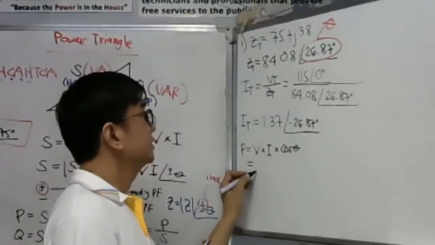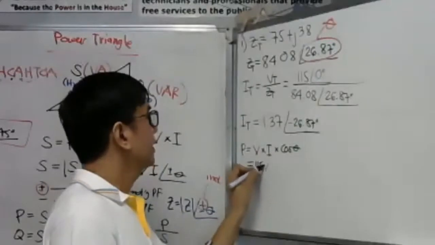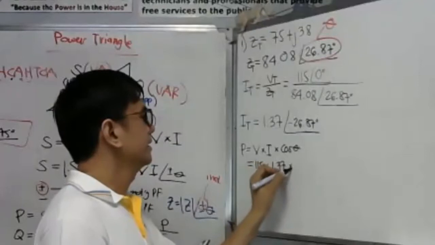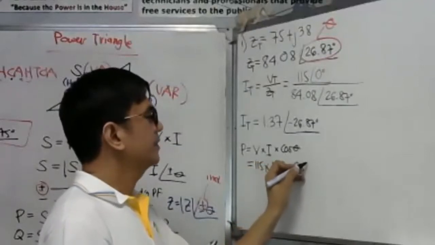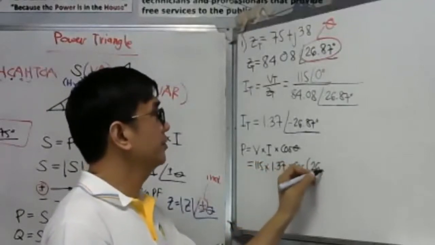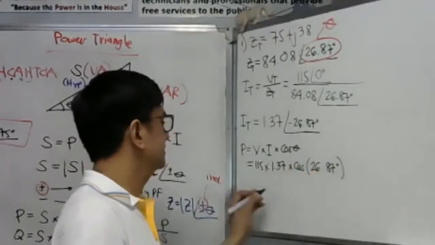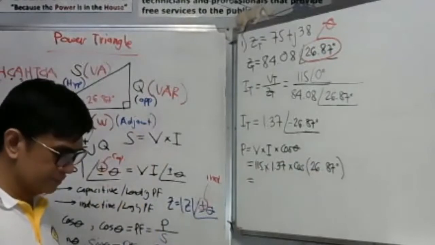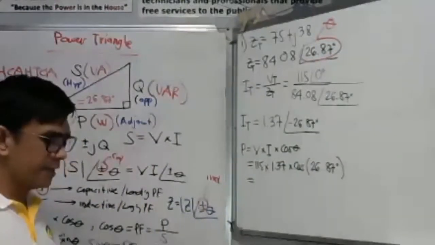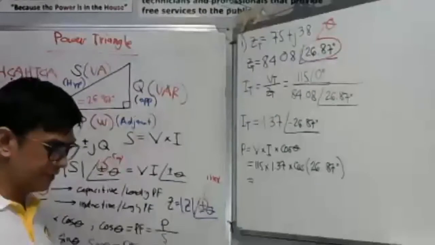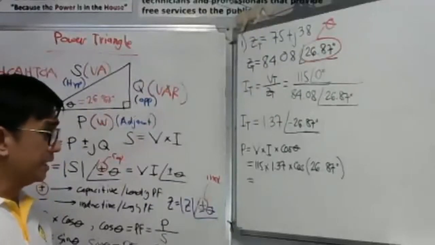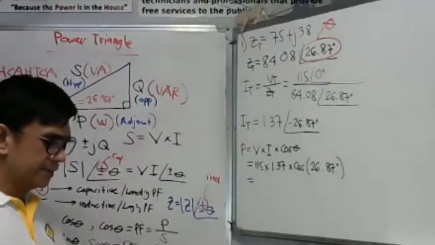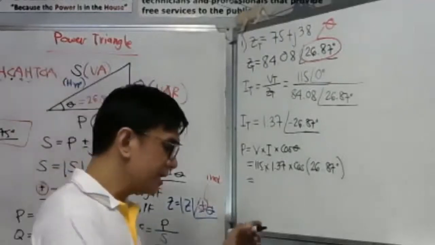The voltage is 115, the current is 1.37, multiplied by cosine 26.87 degrees. So 115 times 1.37 times cosine 26.87, our answer is 140.54.